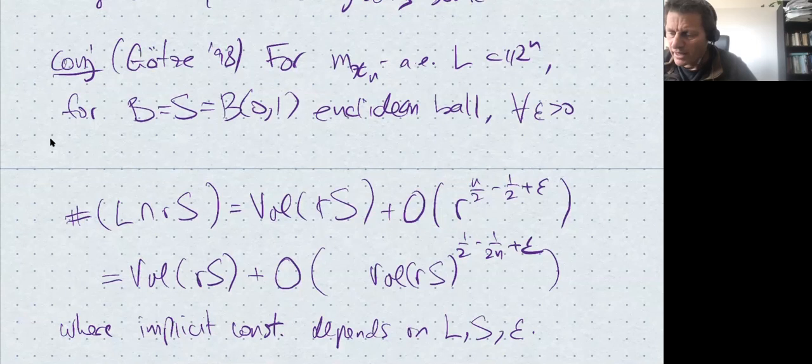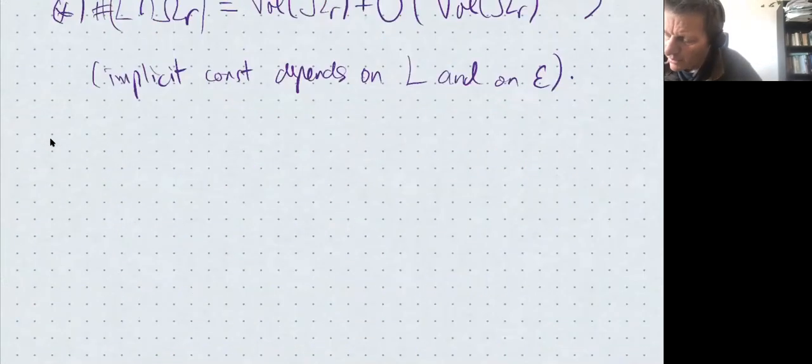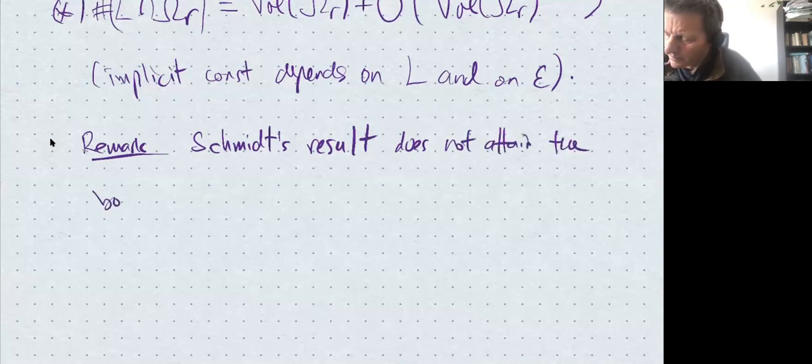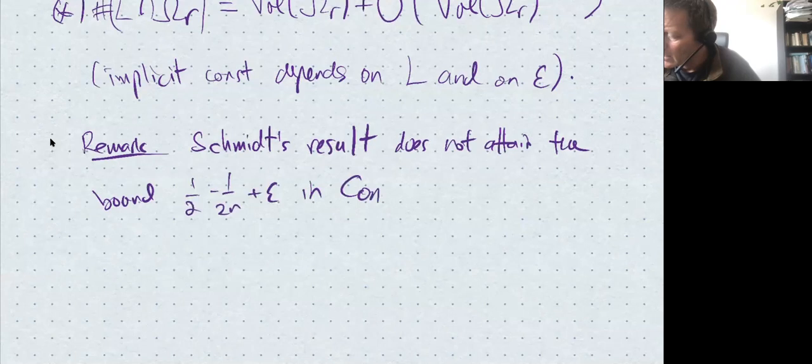His result is the best known result towards the conjecture. There is no better result for Euclidean balls. So, remark: Schmidt's result does not obtain the bound 1/2 minus 1/n plus epsilon in the conjecture, but it's the best result.